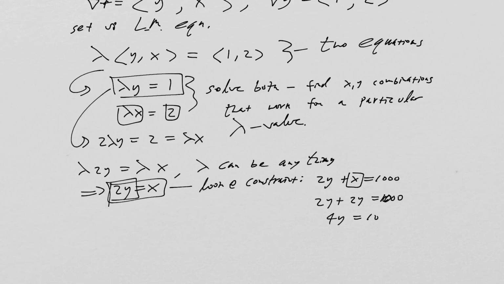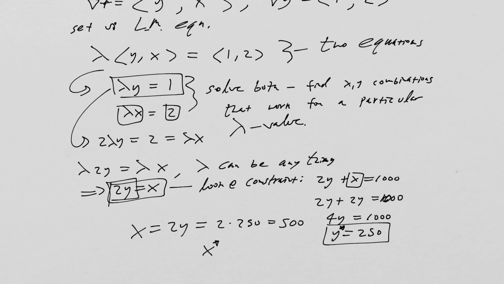That's 4y is equal to 1,000, and that means y is equal to 250. We can call that y star, and that's the same value we had before. And of course, x is equal to 2y, so x is equal to 2 times 250, otherwise called 500. So x star is equal to 500. All right, so we found the same critical points as before.